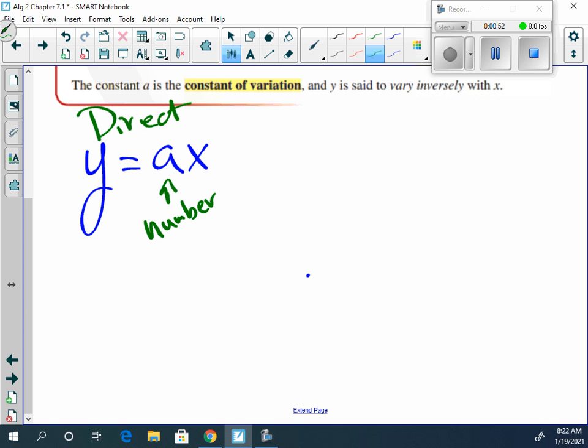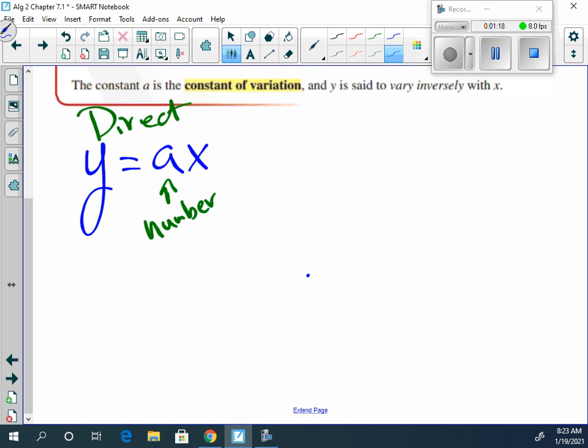It's just going to be some constant number, some constant term. And I will sometimes switch out a and k, because you'll see it as y equals ax or y equals kx. Because a and k, it's just a number. It's just a constant term.